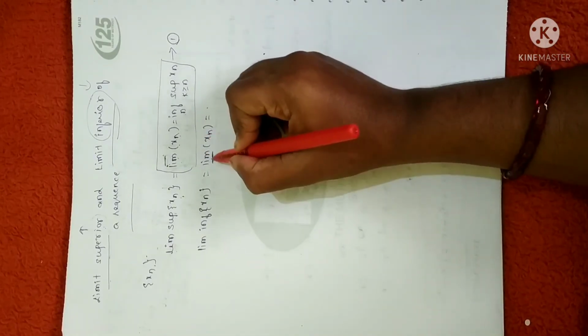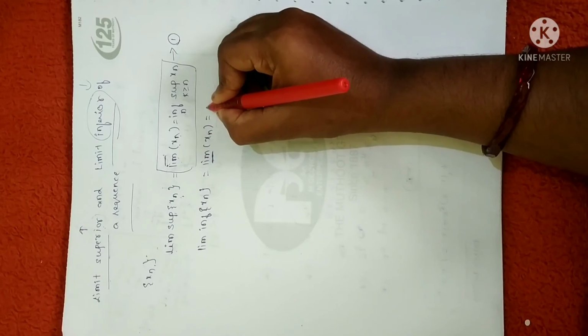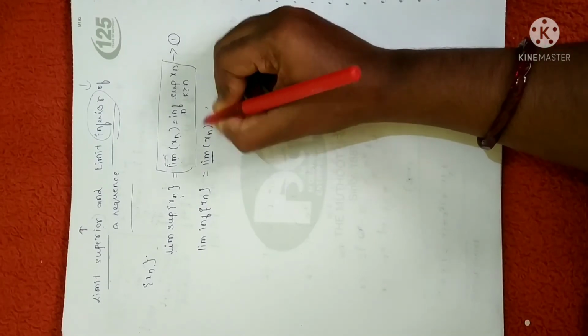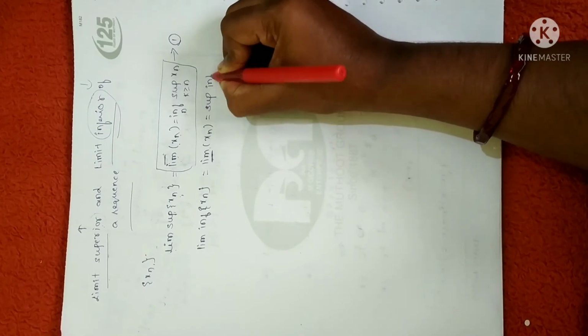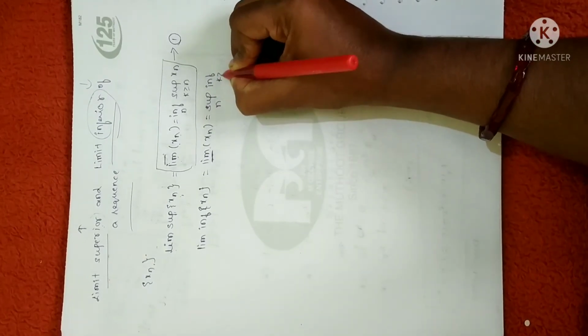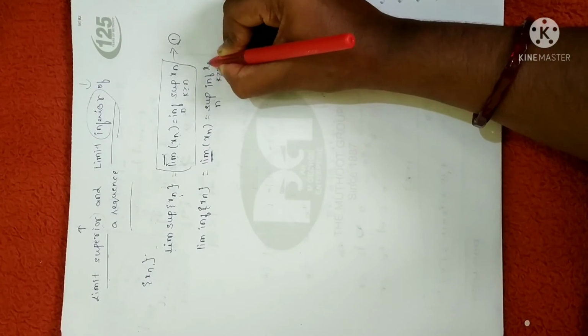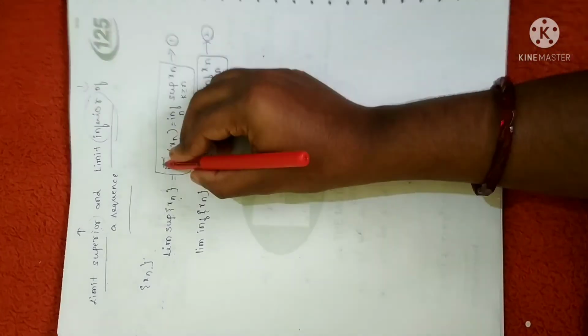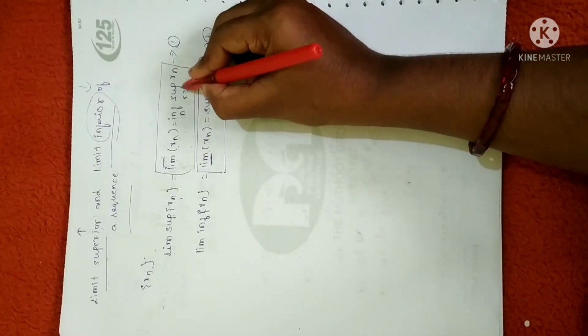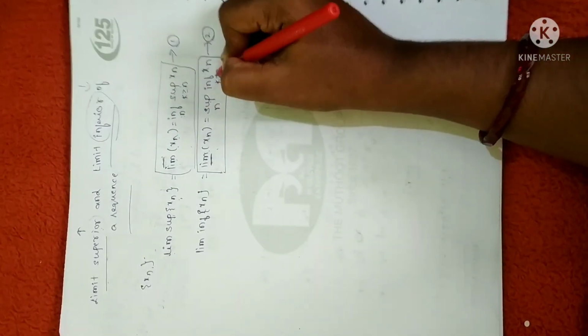Fine. So it is the limit infimum. It is defined as supremum over n of infimum over k greater than or equal to n of xk. Call this equation 2. You have to remember these two definitions. Limit supremum is infimum of supremum. Limit infimum is supremum of infimum.